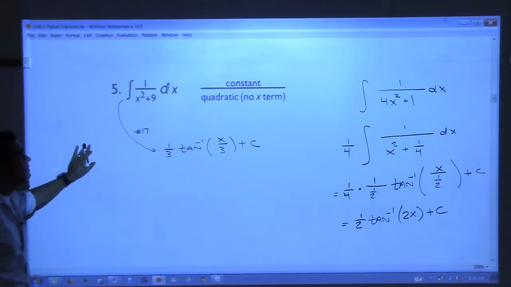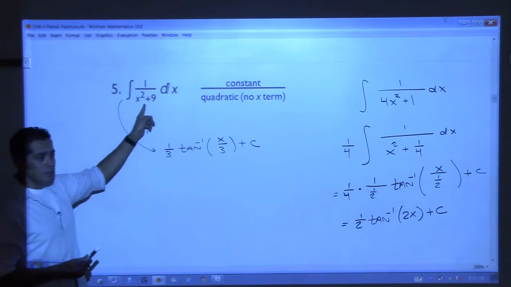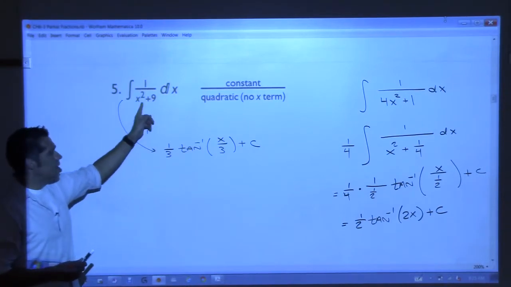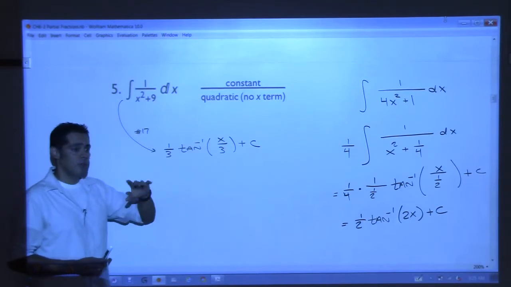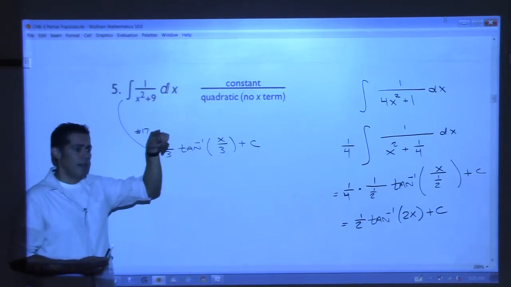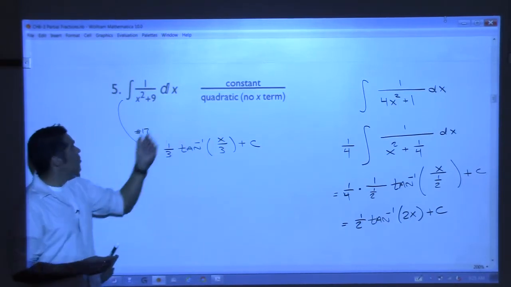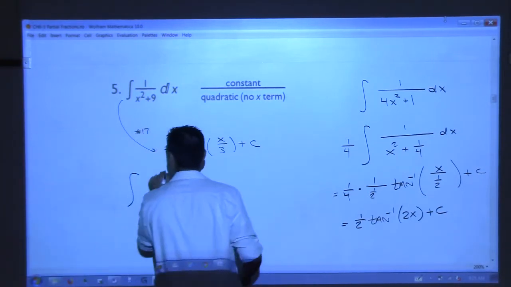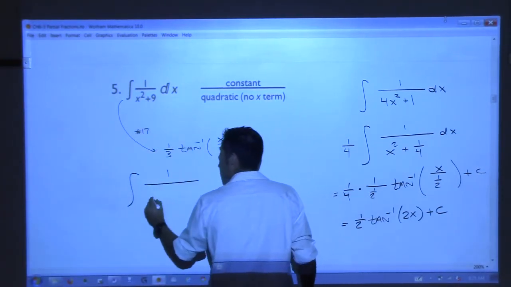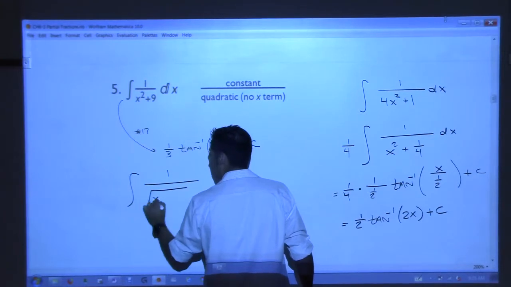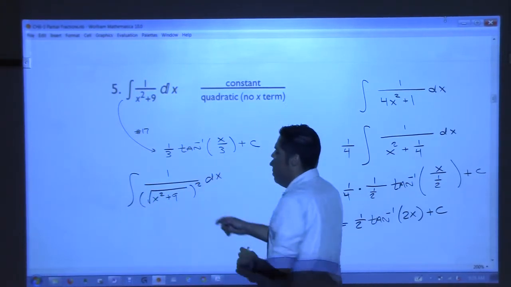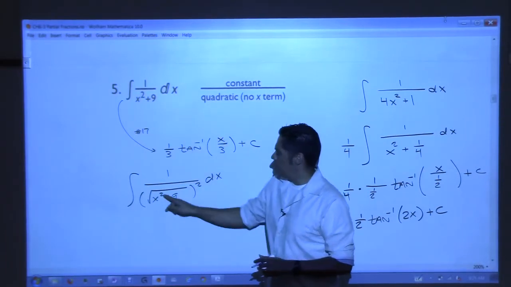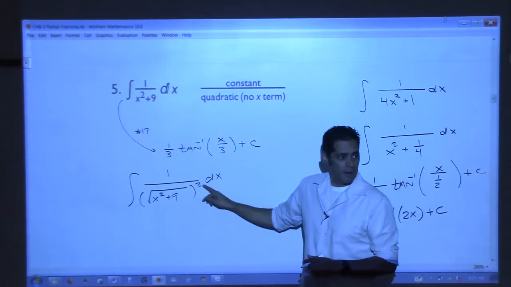It actually comes from the fact that, to come up with the formula, 1 over a arctangent of x over a plus c, you would rewrite this integral like this. Square root of x squared plus 9 squared. Isn't that x squared plus 9, isn't that the square root of x plus 9 squared?